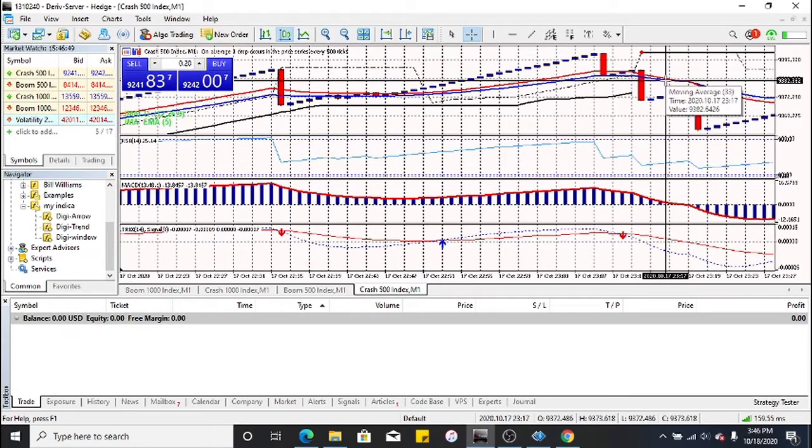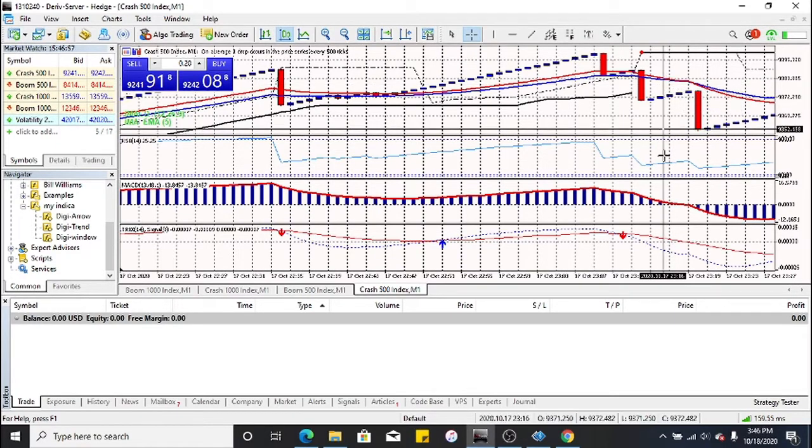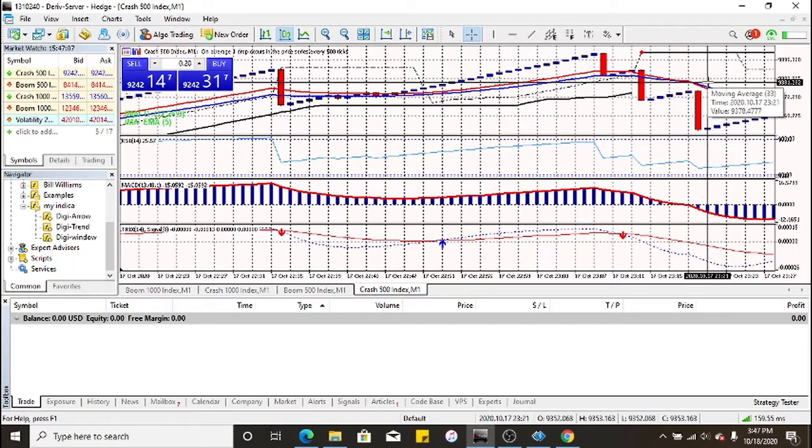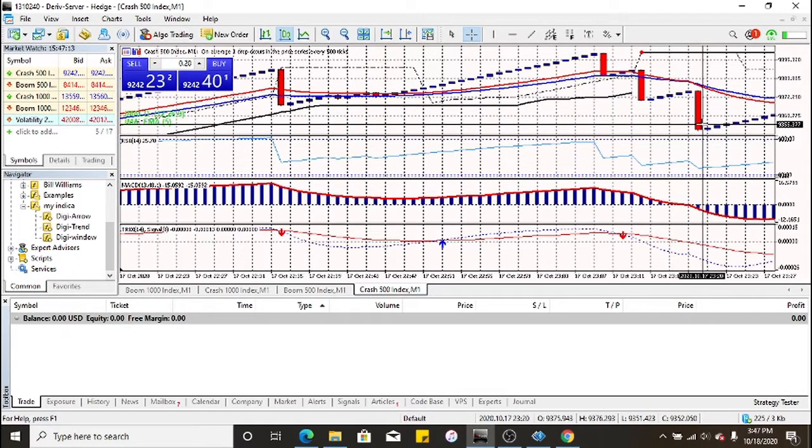If you haven't watched the previous video, please kindly do. And then you see the MACD also is turning on the line. So the best thing you do is enter a trade here and expect a spike. If it doesn't spike in 3 candlesticks, you close your trade. But then see what happened. Just got your spike like that.